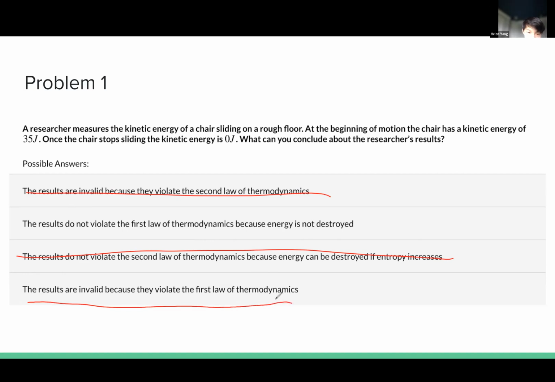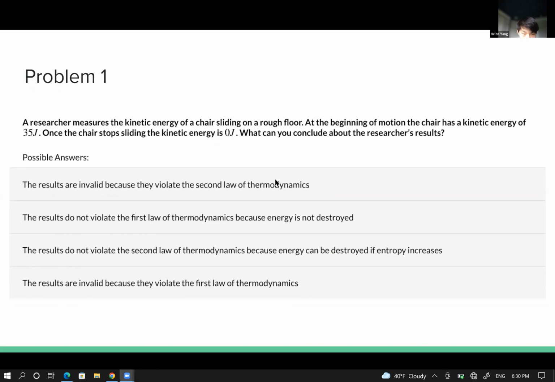The results are valid because the first law of thermodynamics is not violated: energy is not destroyed. The kinetic energy isn't getting destroyed; it's just transferring to a different kind of energy. So it would be two instead of four. This is the answer.